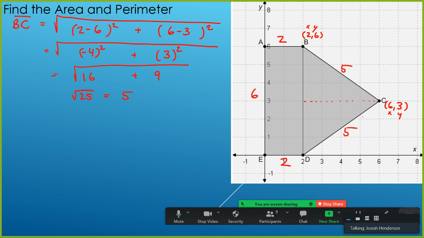Cool. Now we can find the perimeter. Add up all the outside lengths, and that'll give you perimeter. Go ahead and try that. I've labeled them. Tell me in the chat what the perimeter is of this, please.